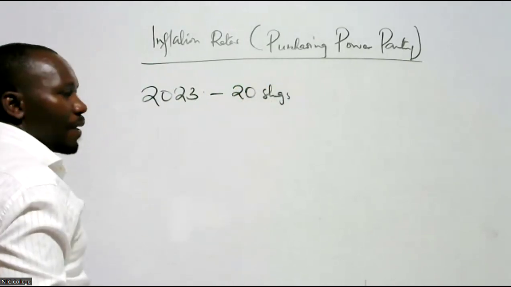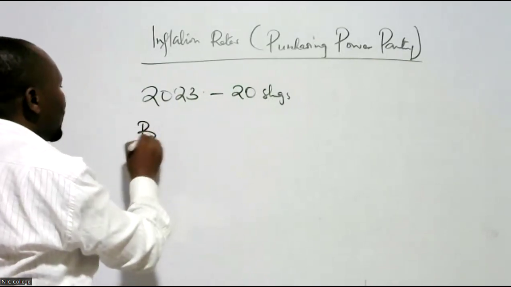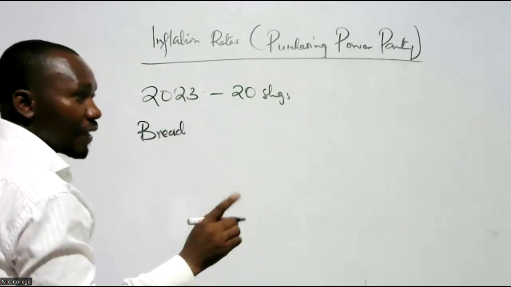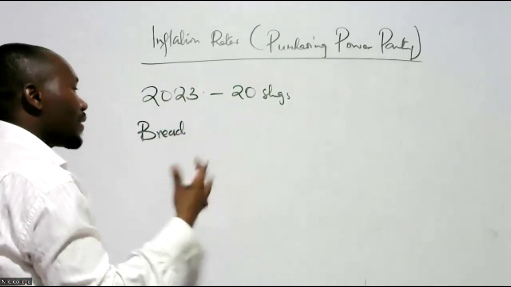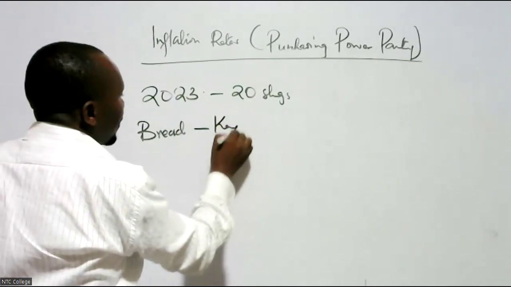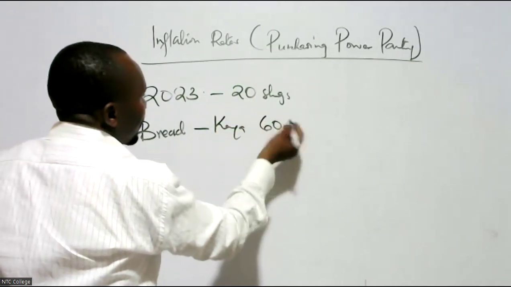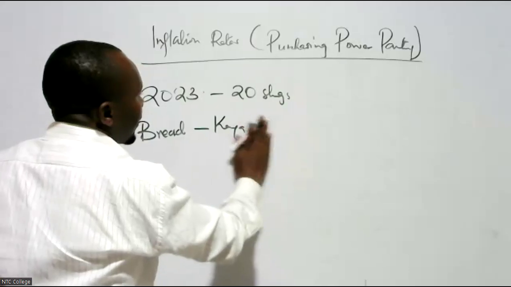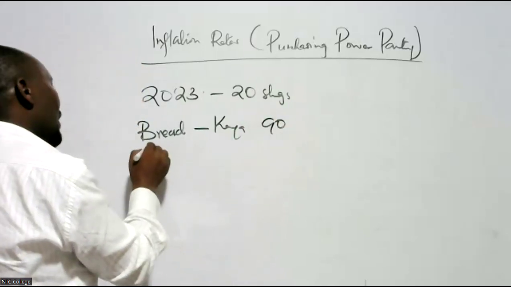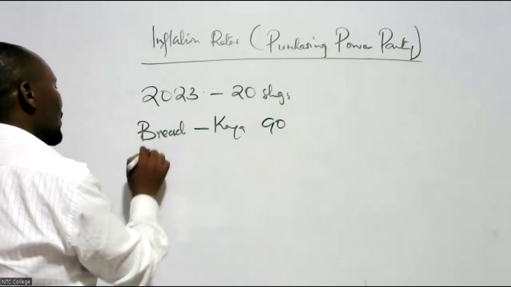That means that a loaf of bread, which comes in 800 grams or 600 grams or whatever, in Kenya is 60 bob or 90 today.